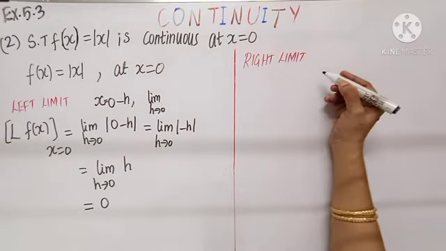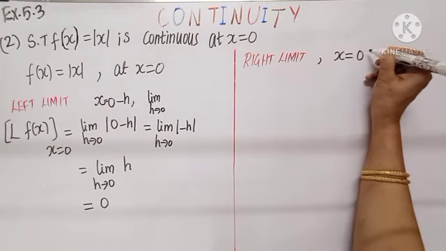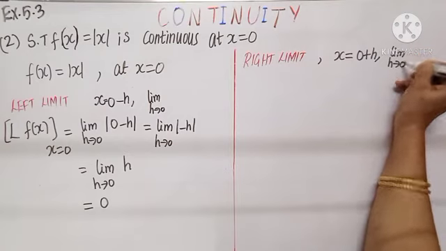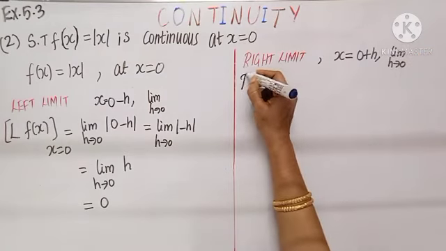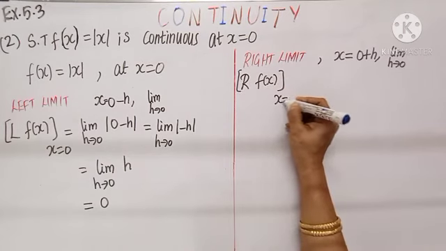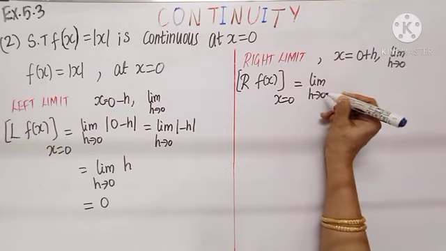Right limit. So what should you do now? Put x is equal to 0 plus h, limit h tends to 0. R of f of x at the point x is equal to 0, limit h tends to 0.